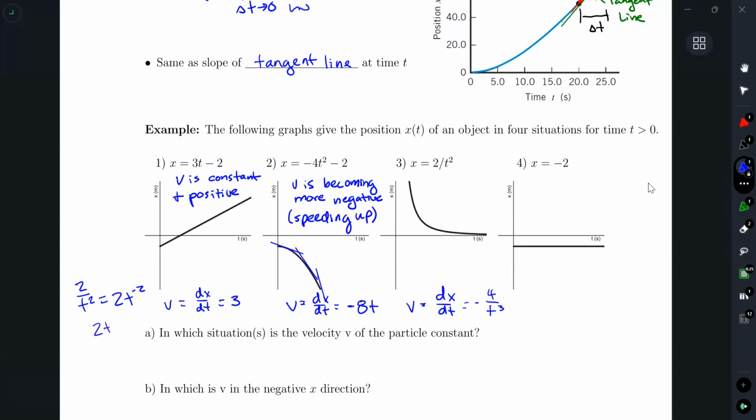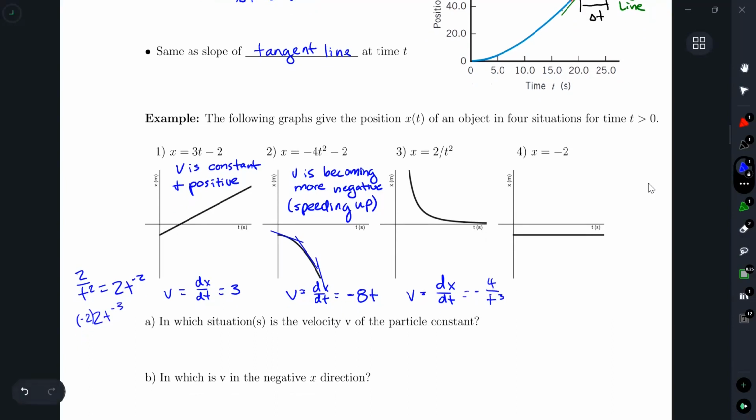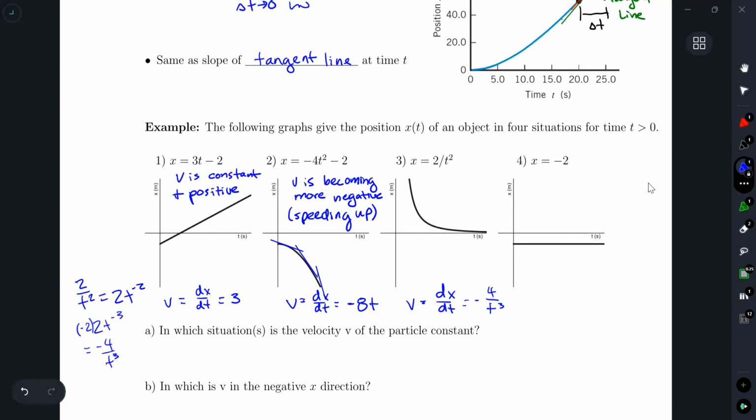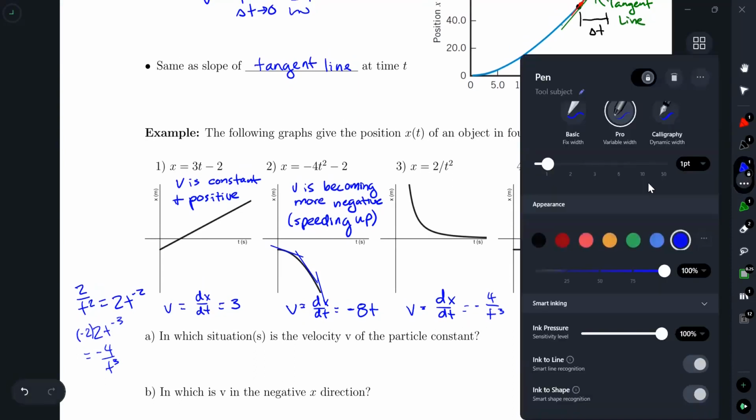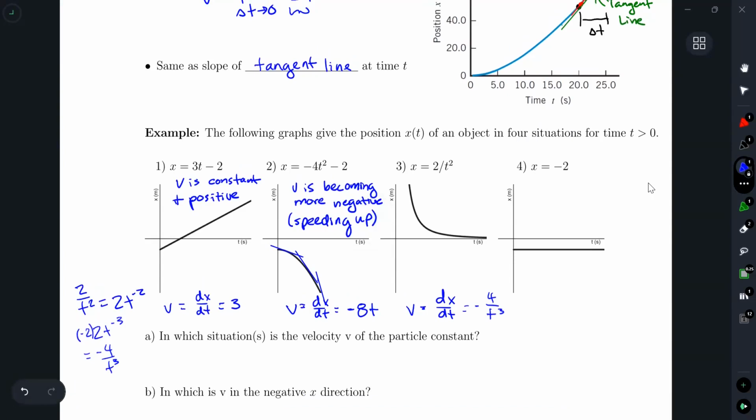So 2t to the negative 2, you bring down that negative 2, and then you subtract 1. So you go to negative 3. You're thinking more of the integral. So that'll be negative 4 over t cubed. Okay. So what's happening as time goes on for this one?